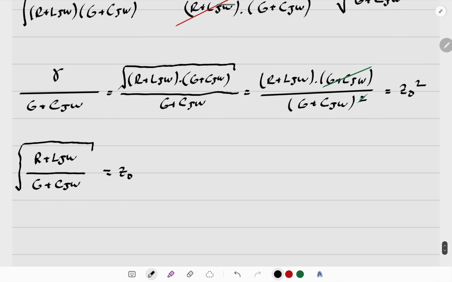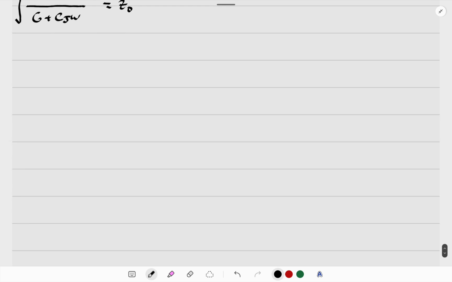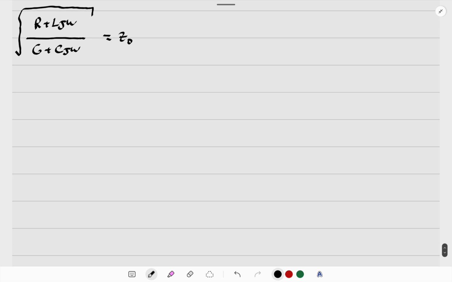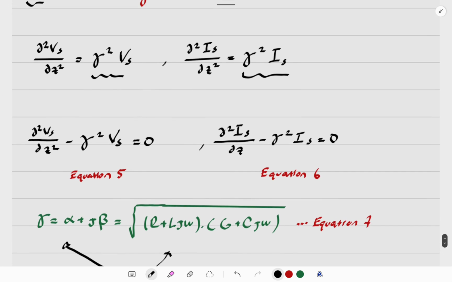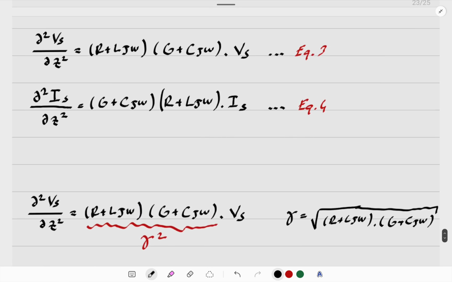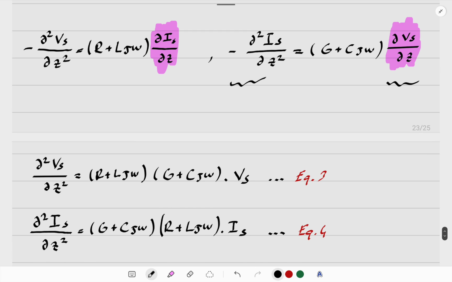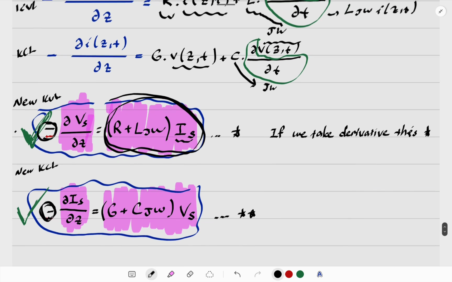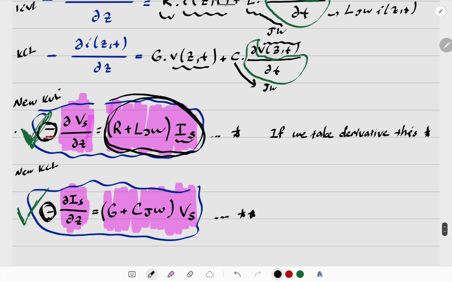So it is done. And also, at last, let's investigate equation number 5. Not 5, sorry. Equation number, this particular equation, this new telegrapher's equation.